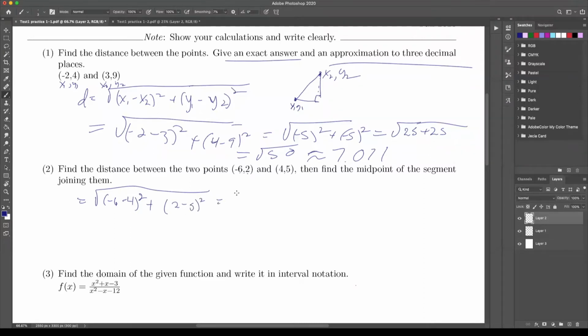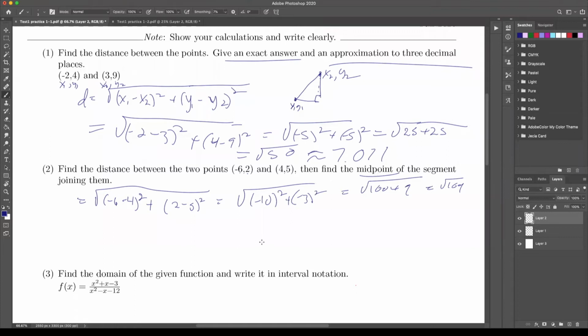And so this becomes the square root of minus 10 squared plus minus 3 squared, which equals the square root of 100 plus 9, which equals the square root of 109. Once again, you can type it into a calculator.